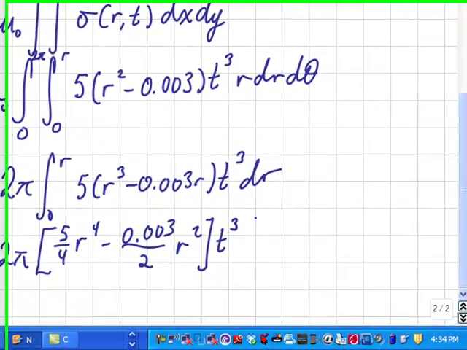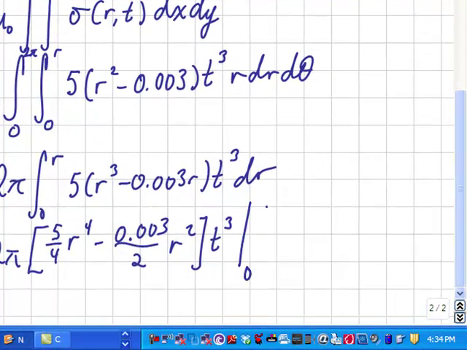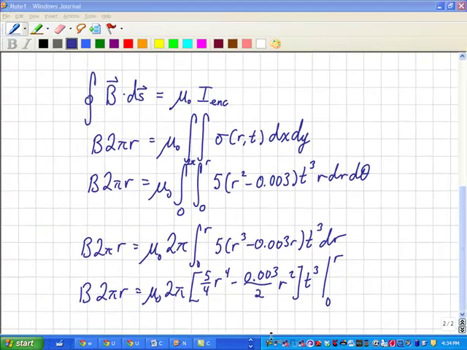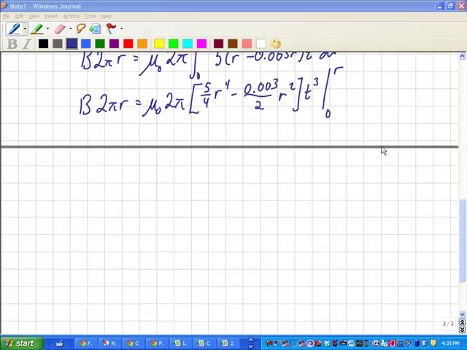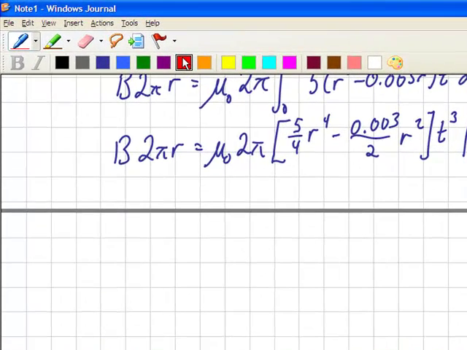The t cubed is still hanging out, and we're going from the center of the wire to the outer part of our Amperian loop. If we do a little bit of canceling and plugging and chugging and a little bit of rearranging, we see that the 2 pi's will cancel out, and one of the r's will cancel out over here.